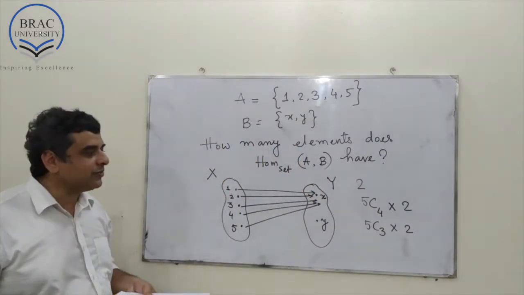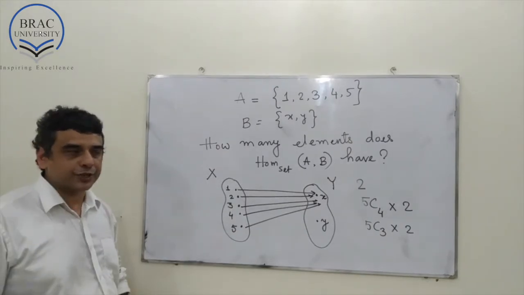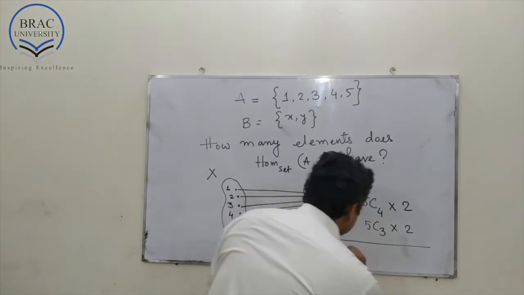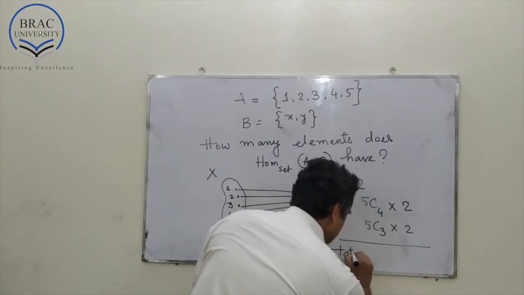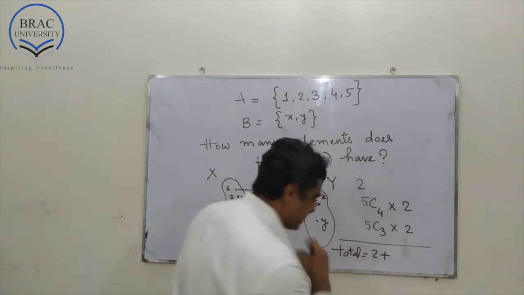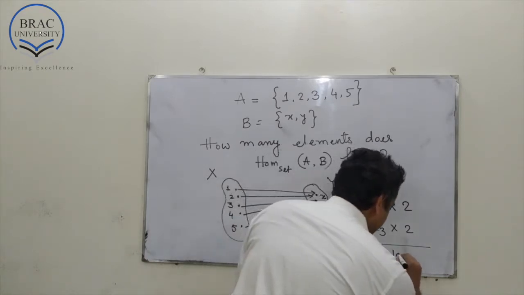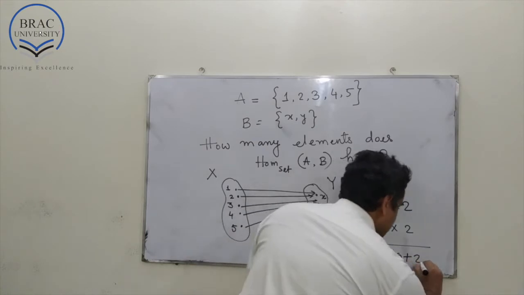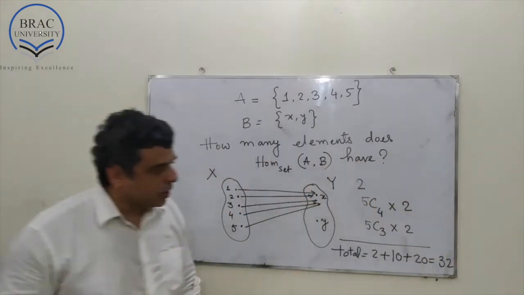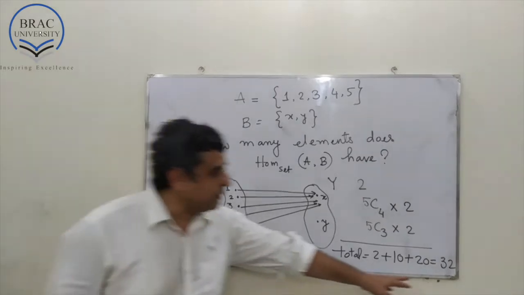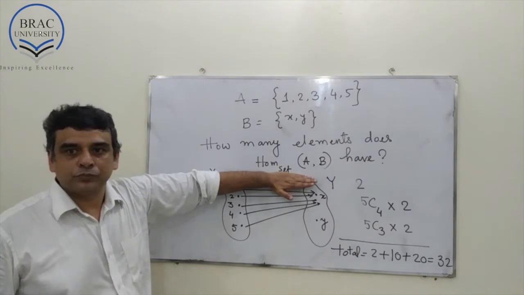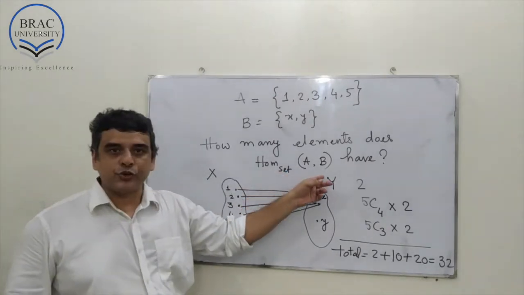These are all the possibilities, and they add up to 2 plus 10 plus 20, equal to 32 ways. So there will precisely be 32 functions in this Hom set from A to B.